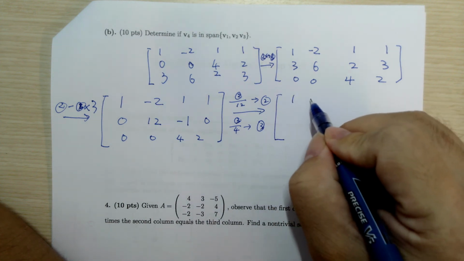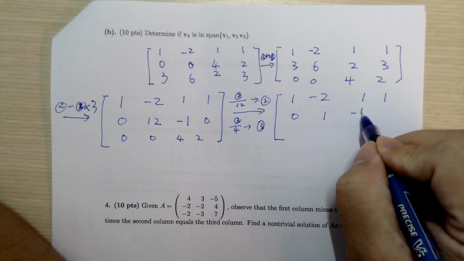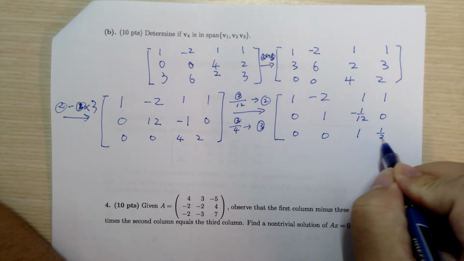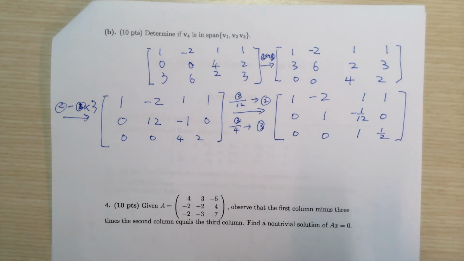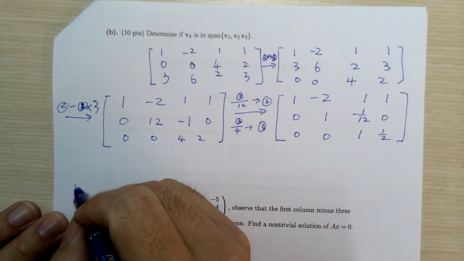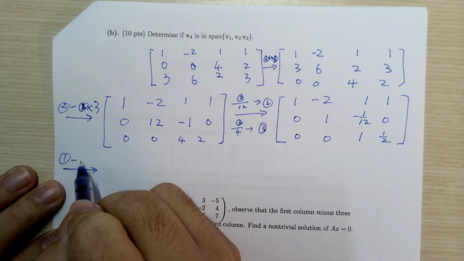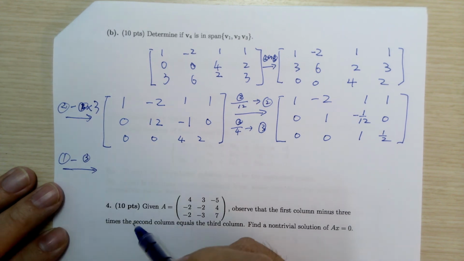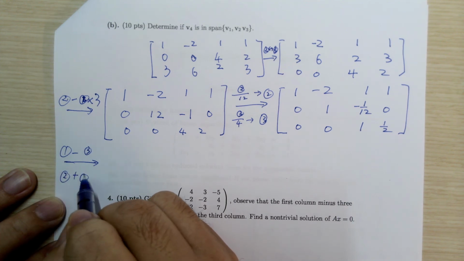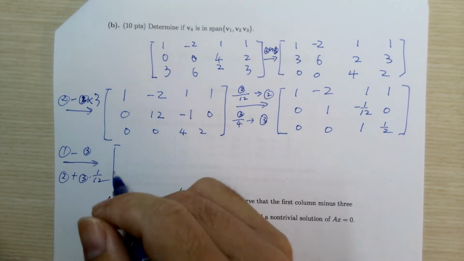So that is 1, negative 2, 1, 1, 0, 1, negative 1 over 12, 0, 0, 0, 1, 1 over 2, right? And, you know, we can start to do the reduced form. So let row 1 minus row 3, right? Let row 2 plus row 3 times 1 over 12, my bad.